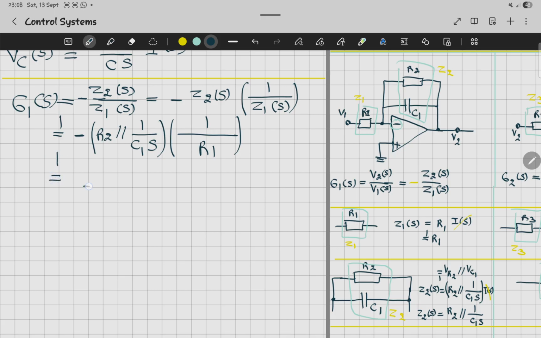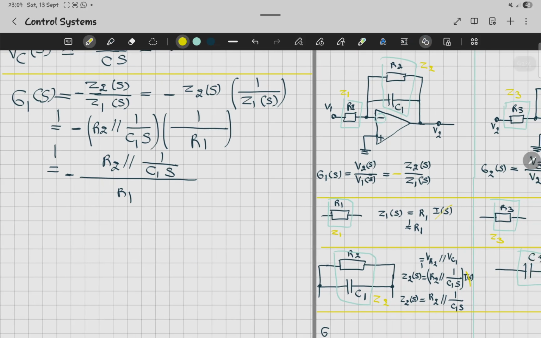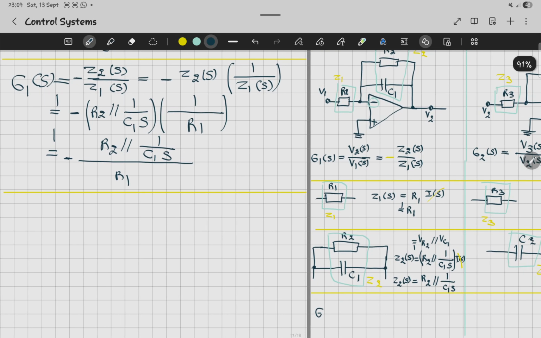We can also write it this way: negative R2 parallel 1 over C1 S, over R1. Okay, so if you have to go for another one, let's go maybe for J2.